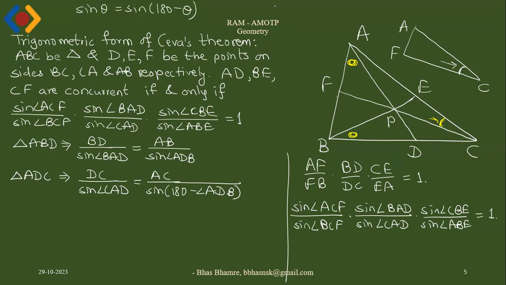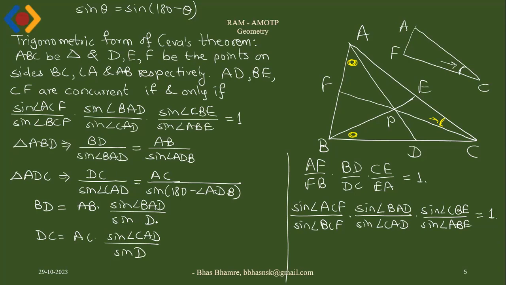And therefore, we get BD as AB times sine of angle BAD upon sine of angle D. I use only D now. Moreover, DC we get as AC times sine of angle CAD over sine D only, because 180 minus angle ADB gives the same sine.